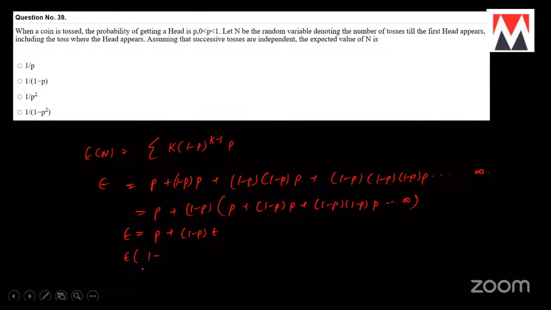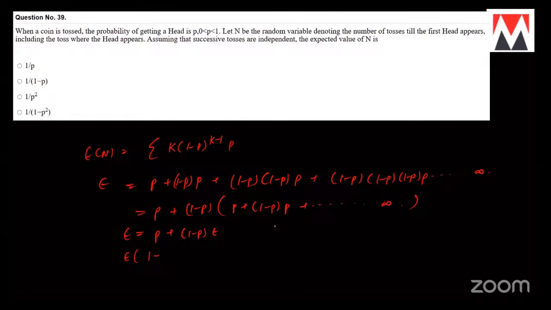Okay, if I take 1 minus p common, p plus (1 minus p) into p plus so on till infinite, this is again E. Is it right?